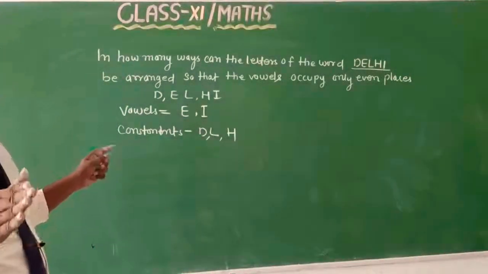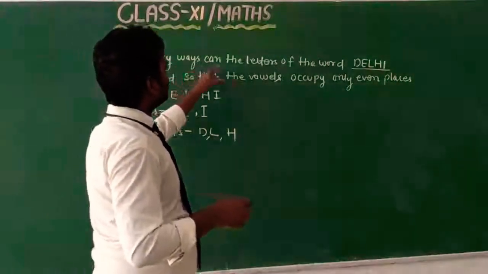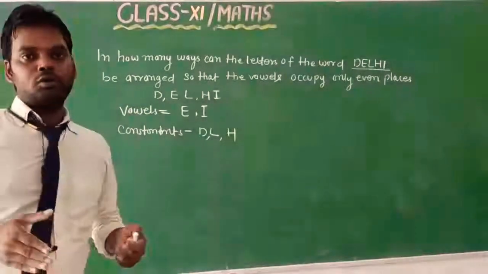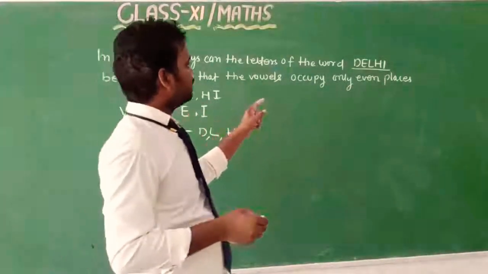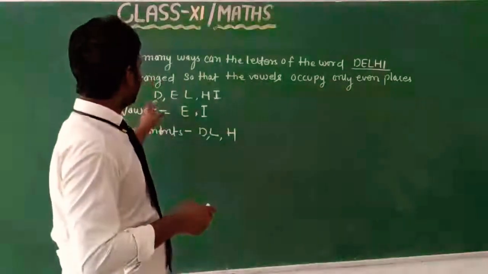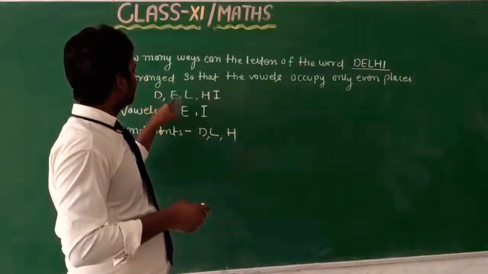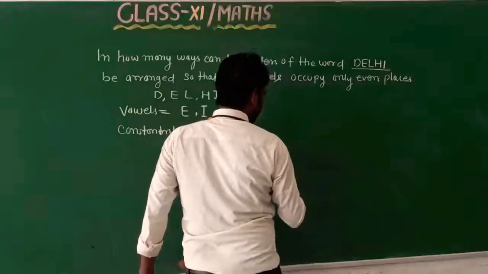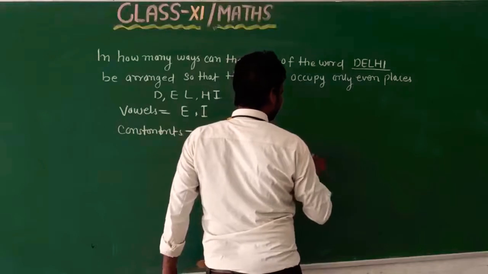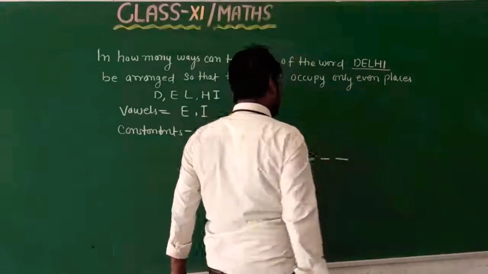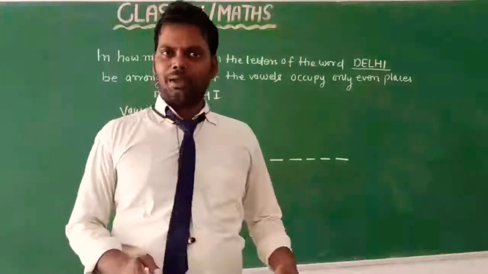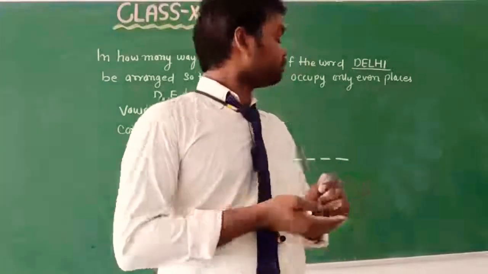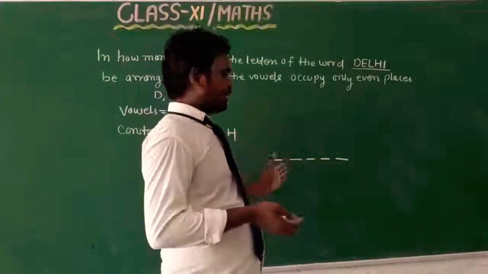and we have to find how many ways the letters of the word Delhi can be arranged so that vowels occupy only even places. Okay, so here are a total of 1 2 3 4 5 letters of the word Delhi. So 5 letters can be arranged in factorial 5 ways.